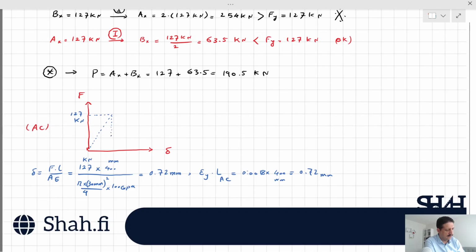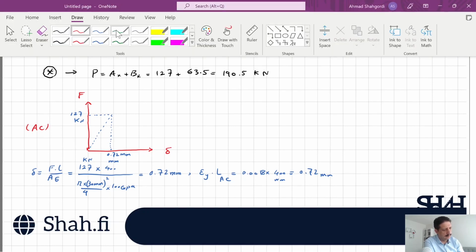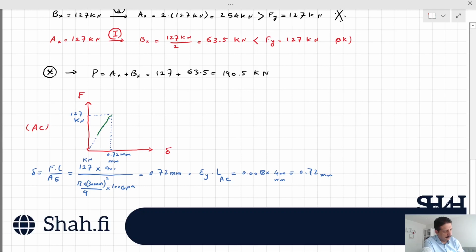The corresponding value for the deformation at this point is 0.72 millimeter. And from here, the load cannot be increased.